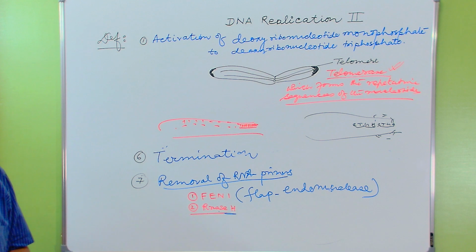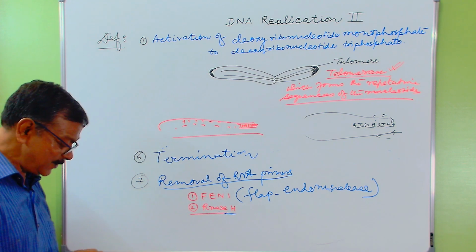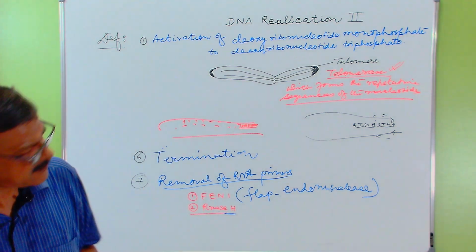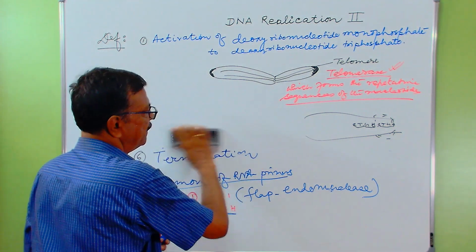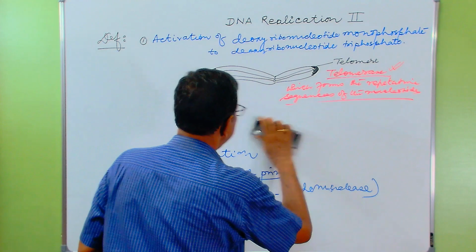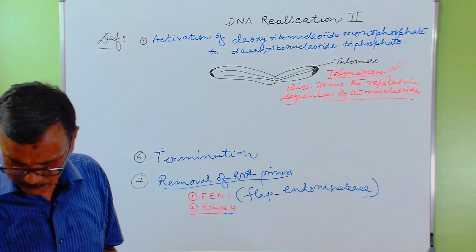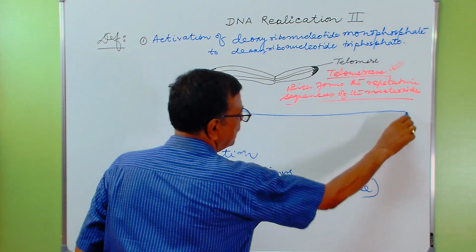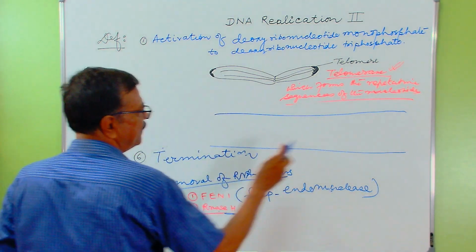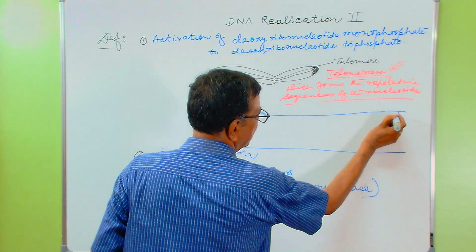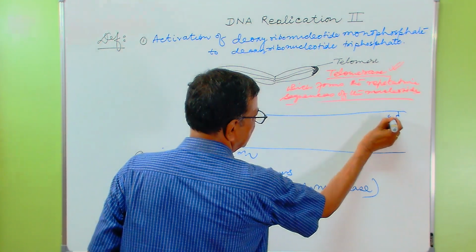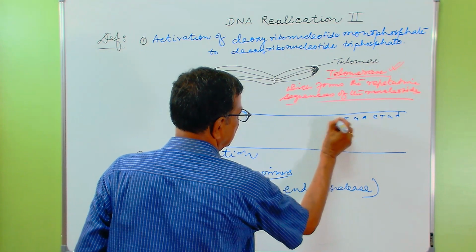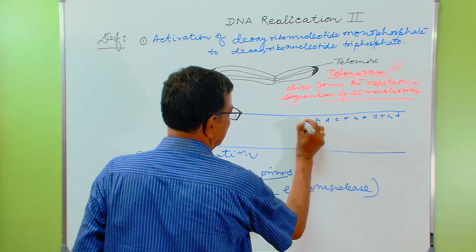Still it is not over. How? Because once the chromosome replicates, suppose this has been formed: AGTC, AGTC.